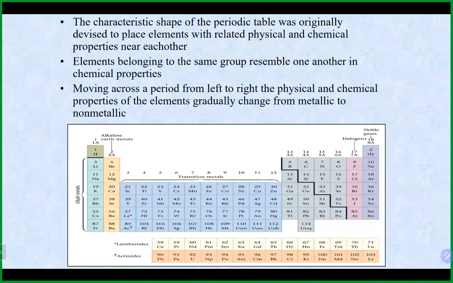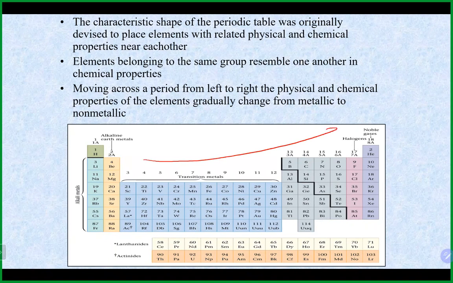Now, the characteristic shape of the periodic table was put together to keep things that are similar near each other. And as we move from left to right on the periodic table and up, we go from a more metal property to more non-metal, heading up and to the right.